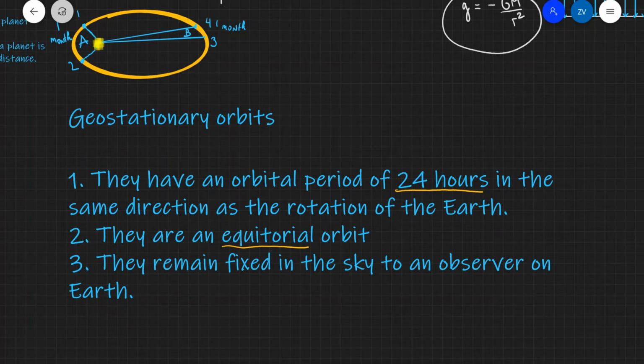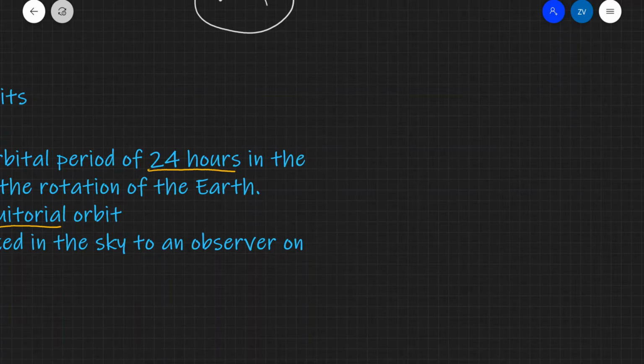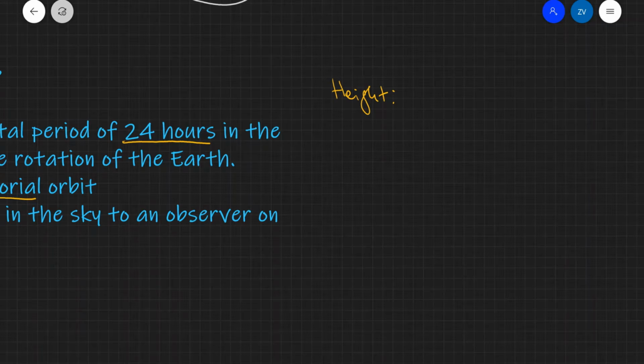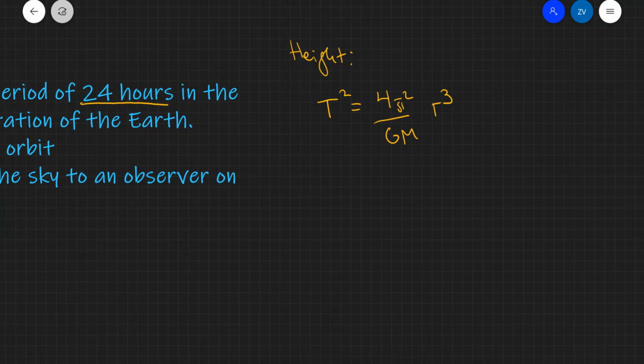Now let's calculate the height of a geostationary orbit, and the way we're going to calculate it is by using Kepler's third law. So I'm just going to write this over here. T squared is equal to 4 pi squared divided by GM times r cubed. Now the orbital period is 24 hours, so what we need to do is find the distance r.